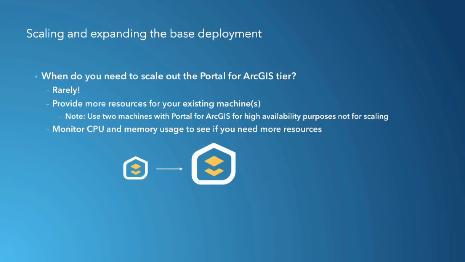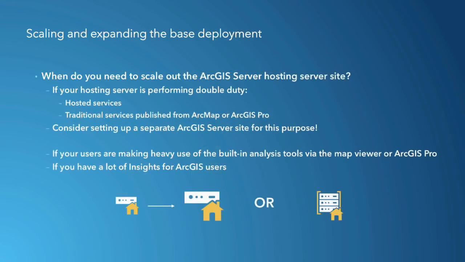Now, when we talk about ArcGIS Server within the base deployment, remember I mentioned it's doing double duty. It's doing everything that your ArcGIS Server did in the past: classic, traditional map services and feature services and all those other things. But it's also now the place where analysis is run.